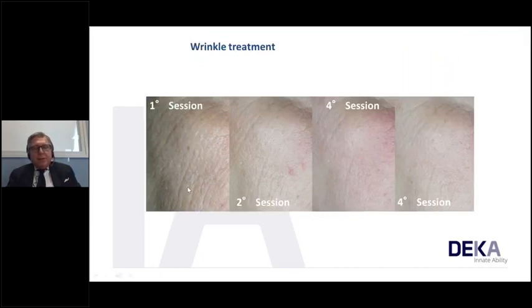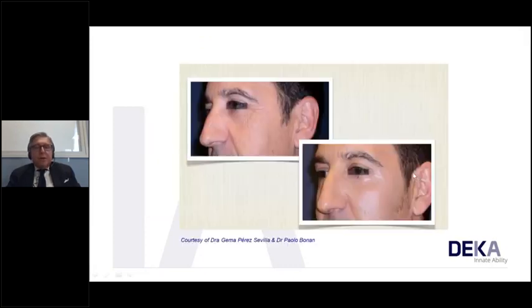And this is a patient through the entire process, 1 session, 2 sessions, 3rd session, and 4th session. You see the progressive smooth area, firm skin. So fantastic results in terms of tightening.